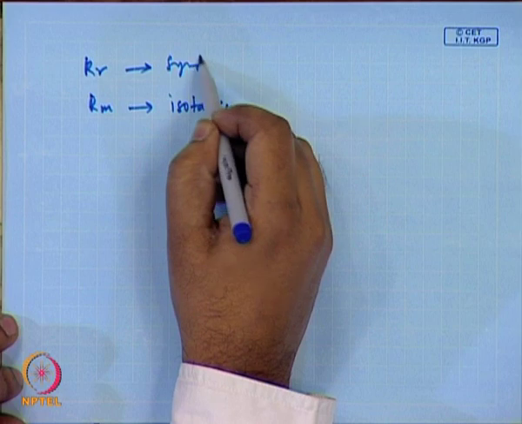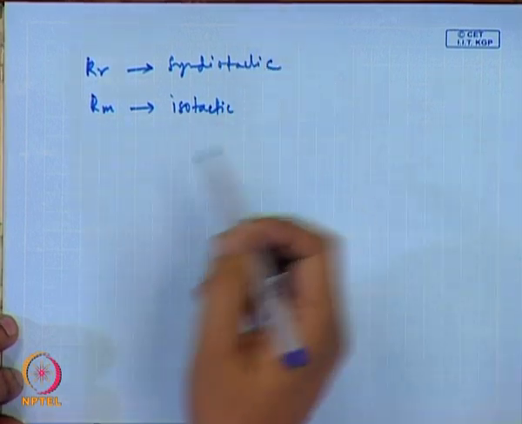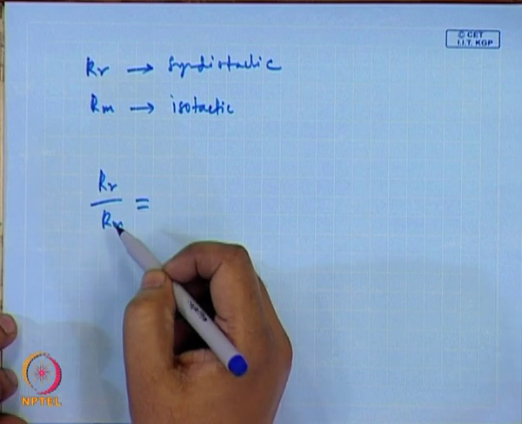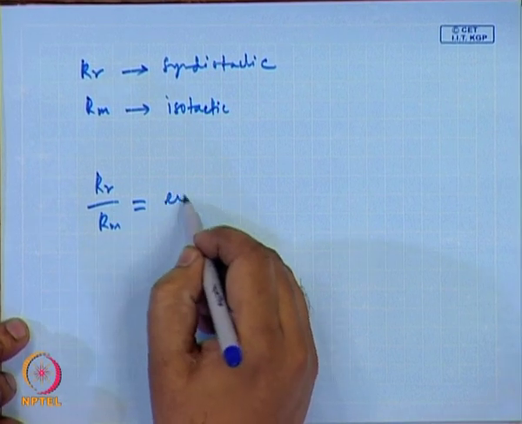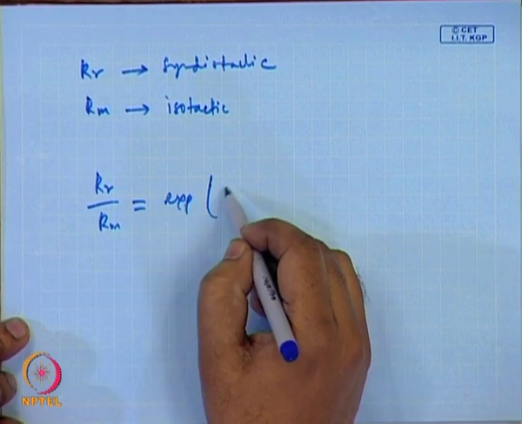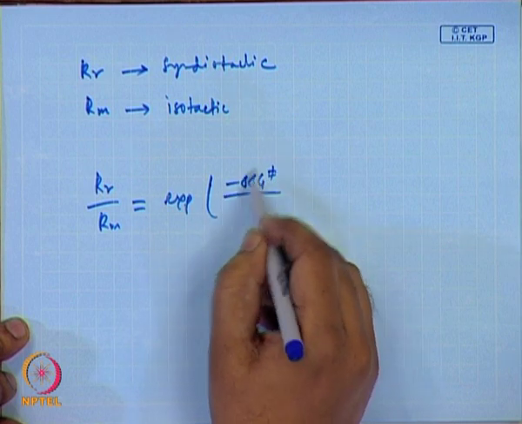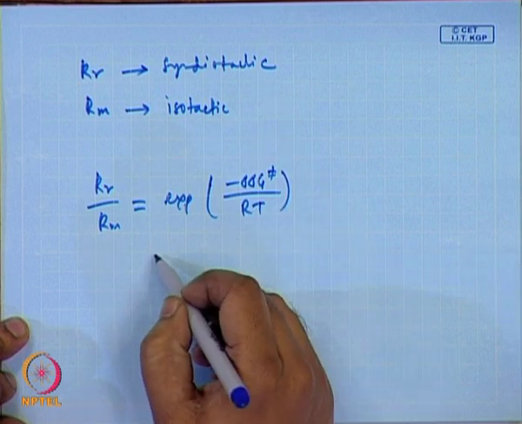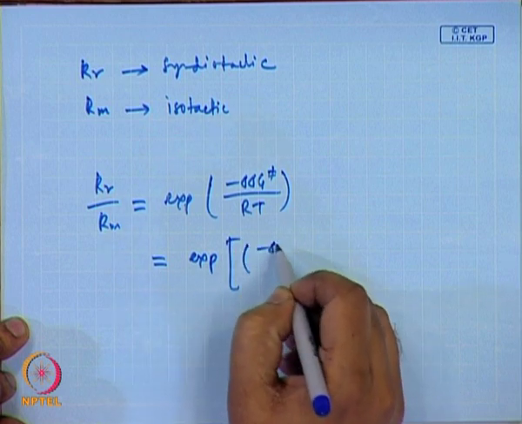This is syndiotactic addition. Now, their ratio will determine which product dominates, and that will be determined by the difference in the Gibbs free energy of activation between the two routes, where we can write like this.